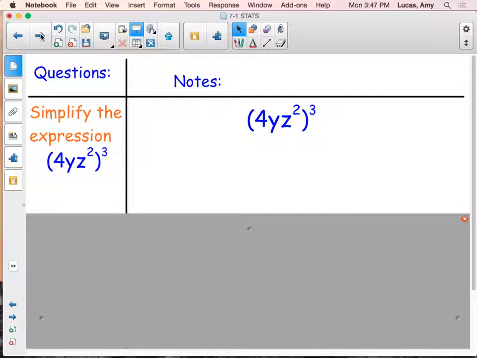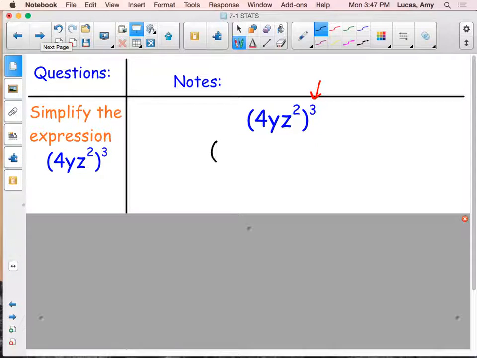All right, now we have this exponent on the outside. So what that means is that we are actually multiplying 4yz squared by itself 3 times. So 4yz squared, like this, 3 of them are getting multiplied together.